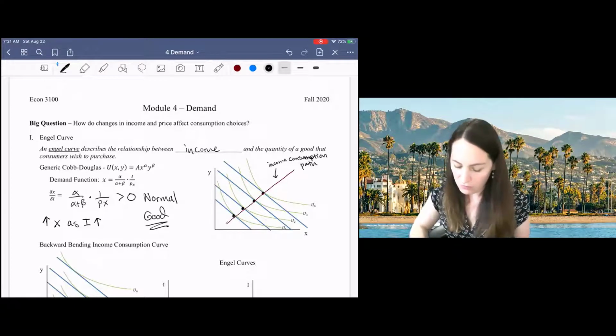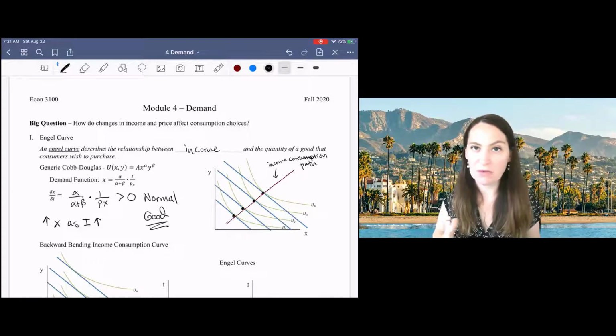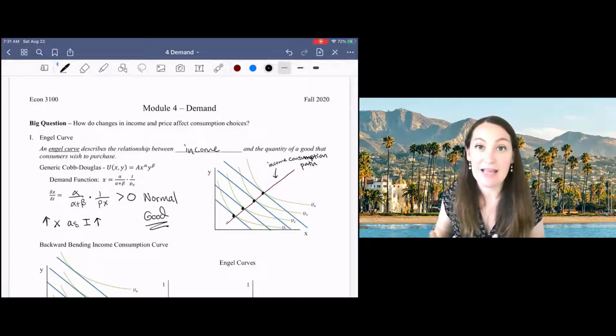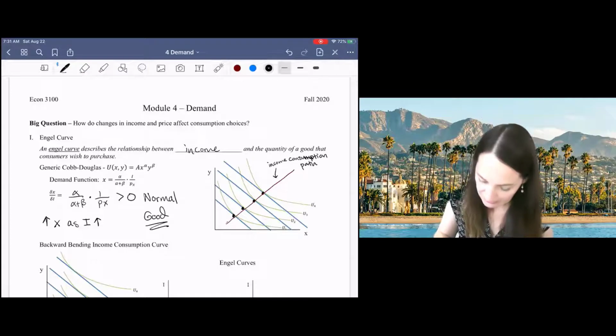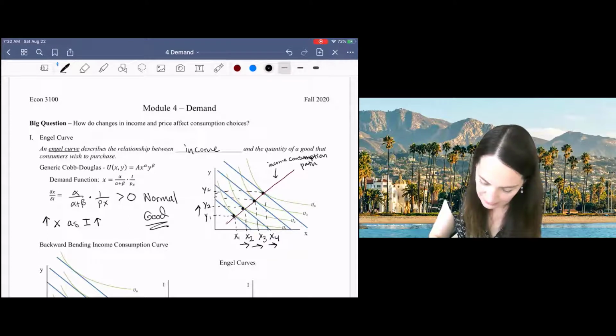And so basically what we can see based on the income consumption path is the relationship between this change in income and both changes in consumption of X and consumption of Y. So I can see right at this lowest level of income, I've got X1, Y1, then as income goes up, X increases, Y increases, and so on, both of these goods increase consumption as income increases.